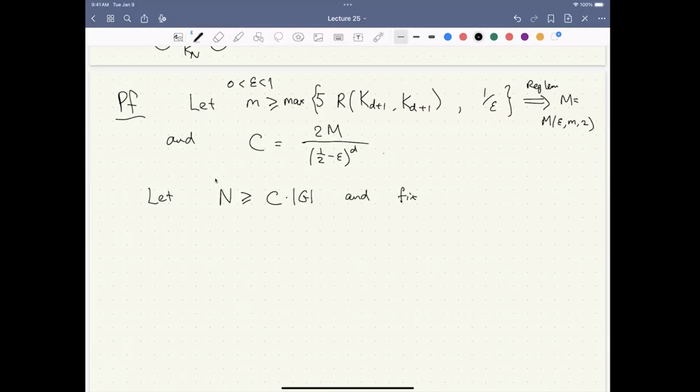So first, fix an arbitrary 2-coloring of Kn.